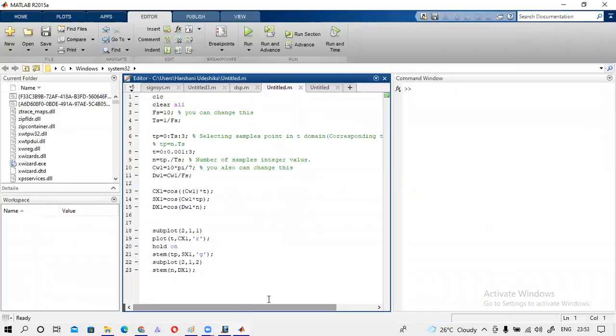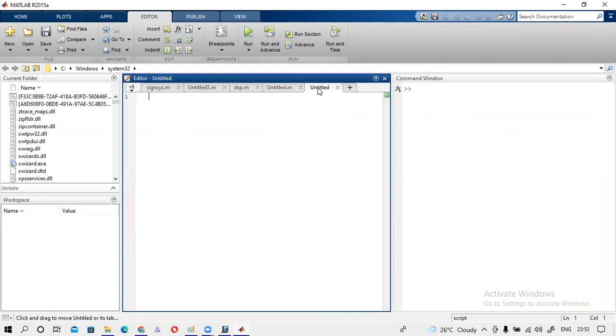So if I write the code quickly, I think you may be familiar with this much. I hope you can understand this type of simple code in MATLAB.